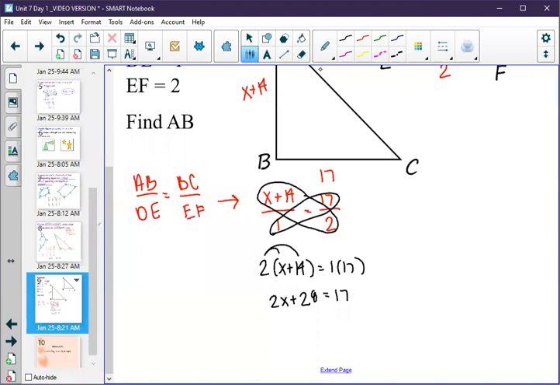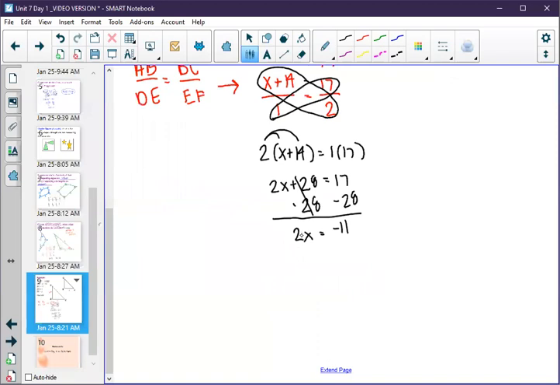Nope, sorry, did not do something wrong. I was getting confused here and you'll kind of see why in a sec. So I am going to subtract 28 from both sides to get x by itself. 17 minus 28 is negative 11. Next, I'm going to divide by 2. And negative 11 over 2 is also negative 5.5.